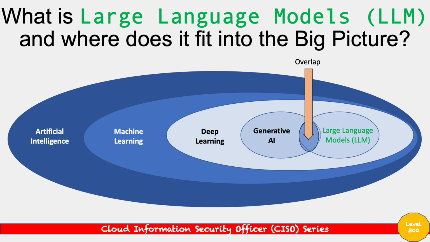That overlap is very important because large language models are not completely separate from generative AI. They work in conjunction with it. If you look behind the scenes of generative AI, where is the actual brains, the intellectual aspect of it, that's where large language models come into play.